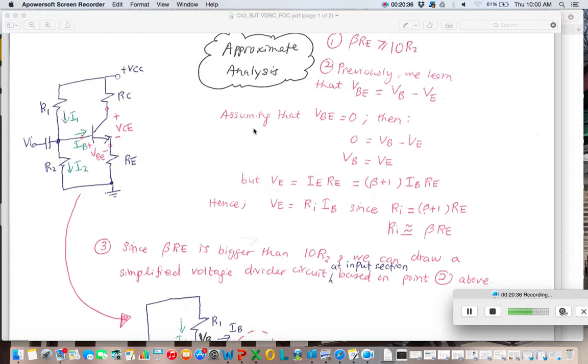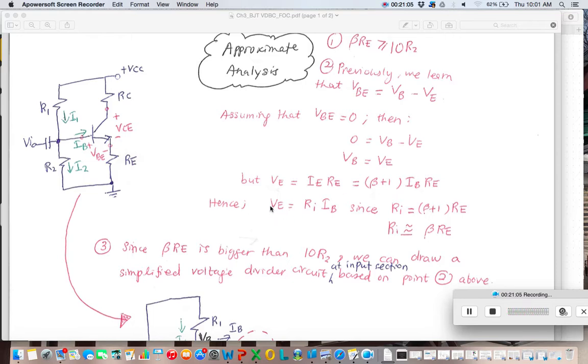In this case, for VDB only, we assume that VBE equals 0. When VBE equals 0, VB will equal VE, right? But VE equals IE times RE, and IE we can write as beta plus 1 times IB.